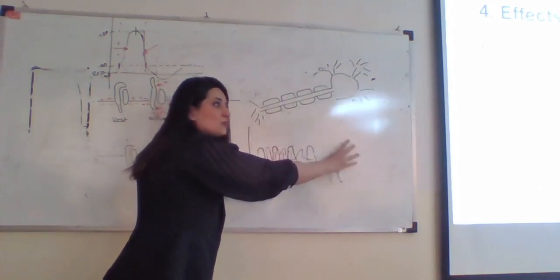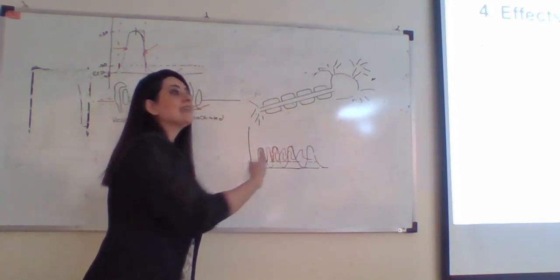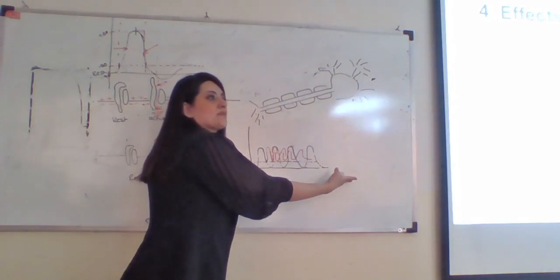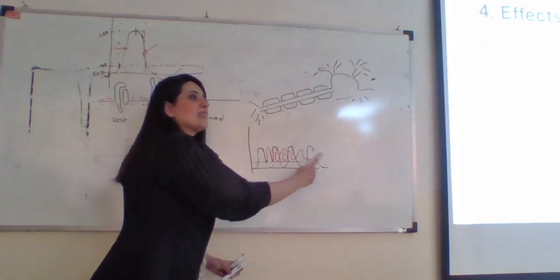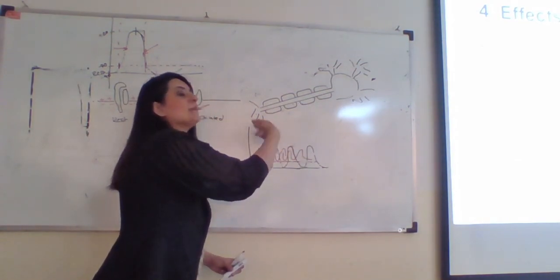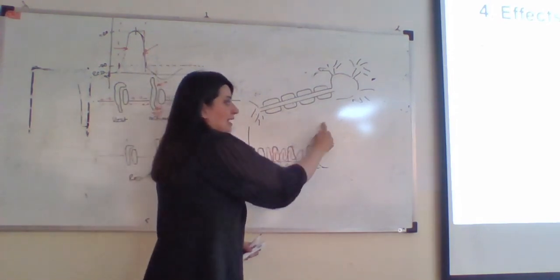Neurons are the basic functional unit of the nervous system, and glial cells are supportive cells. They support the neurons both mechanically and metabolically, and nutritionally.